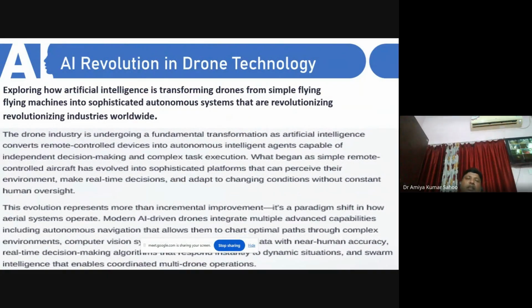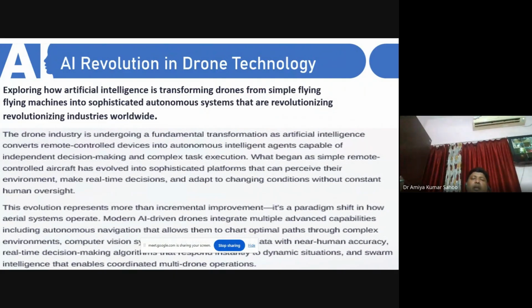Then the question arises, how is artificial intelligence a revolution in drone technology? In one line, I can explain: artificial intelligence is transforming drones from simple flying machines into sophisticated autonomous systems that are revolutionizing industries worldwide.